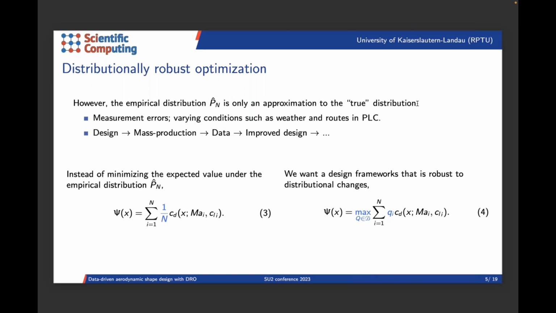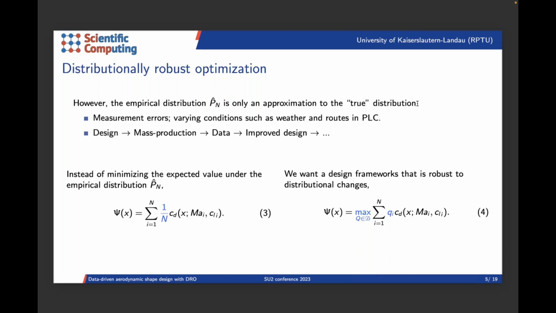So actually the data we collected, for example, from some heuristic lines, cannot be the true data we want to use for the optimization of the design. So instead of minimizing the expected value under the single empirical distribution, we want a design framework that is robust to the distributional changes.